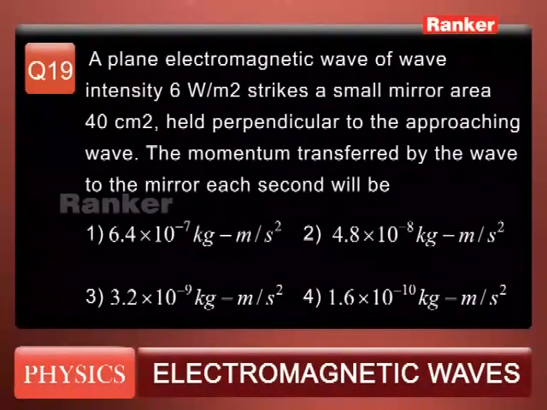The second option is 4.8 into 10 power minus 8. The third option is 3.2 into 10 power minus 9. And the fourth option is 1.6 into 10 power minus 10 kg meter per second square.